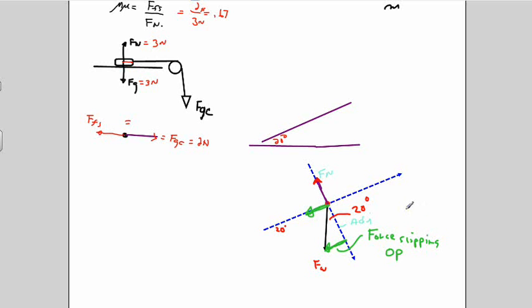Okay? And when it turned out, in the last slide, you can look at the numbers, we found out the adjacent and the opposite, and this became our force slipping over here. Let's go back to a green. This became our force slipping. We had the force normal, and we plugged our force normal into this equation.